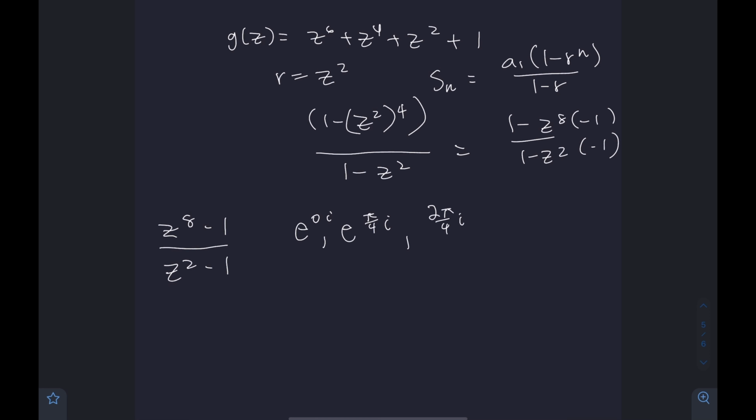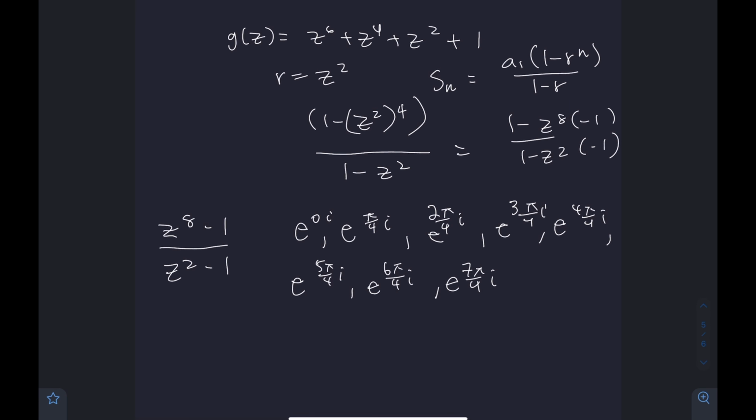So I will just write out all the roots of unity. Okay, so these are all of our roots of unity.